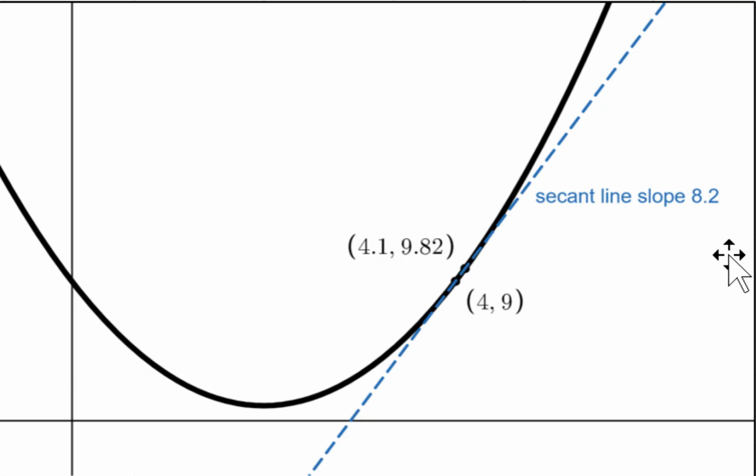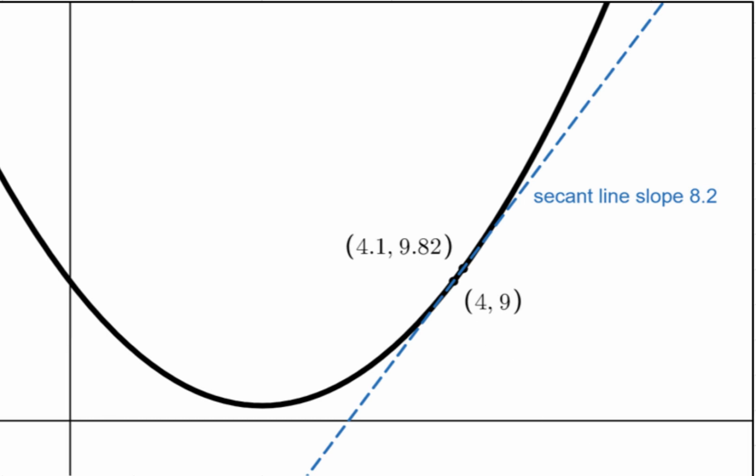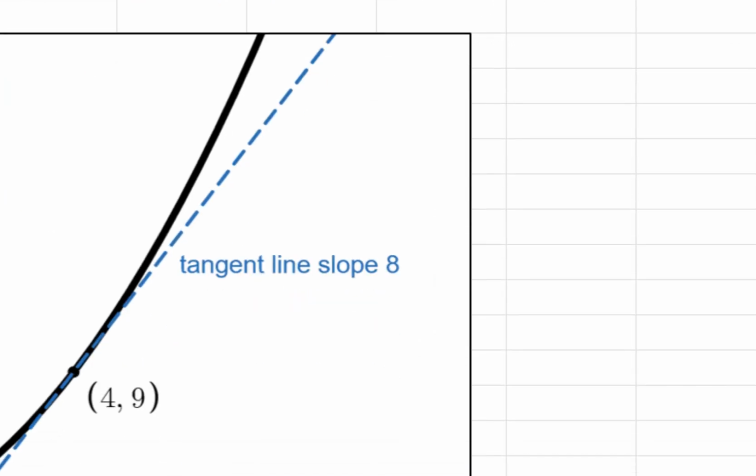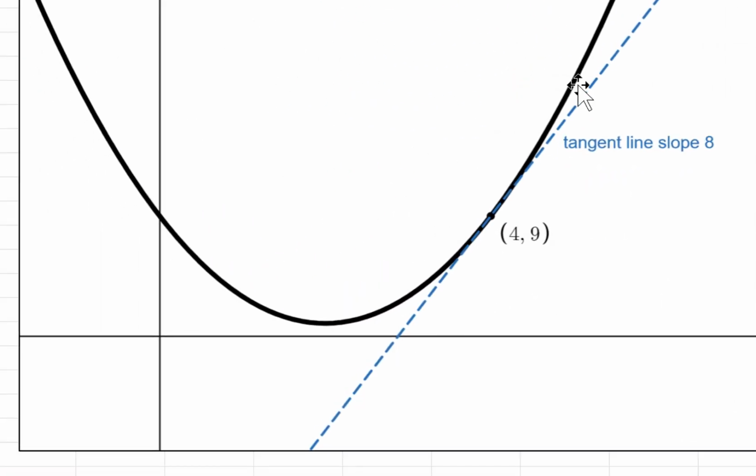And we could continue this where we'd have from 4 to 4.01 and 4 to 4.001 and so forth. Those points would be getting closer and closer and closer together. And you draw the secant line, you calculate the slope. The slope of the secant line is the average rate of change. Overall, you see that those lines are approaching the tangent line.